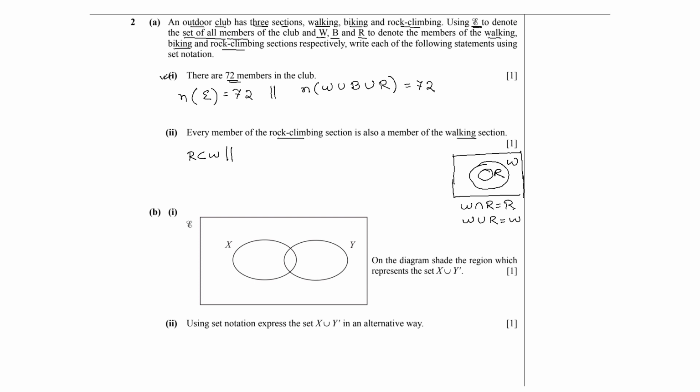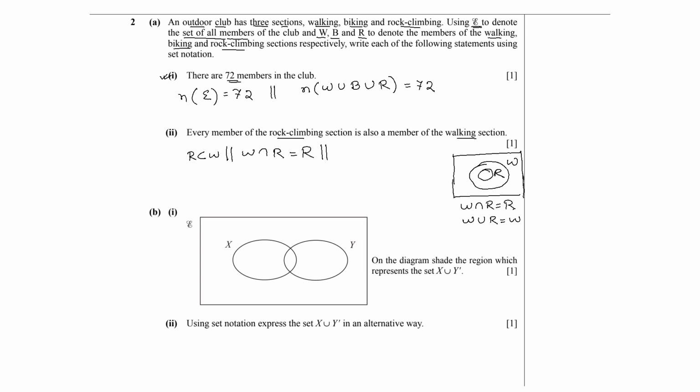An intersection refers to all the elements that are common to both W and R, which are the elements that are present in W and R. In this case, all the elements that are common to both R and W are the elements that are present in R. Therefore, W intersection R equals R is another alternative solution.